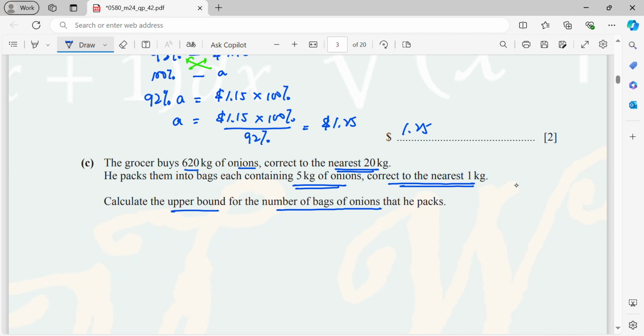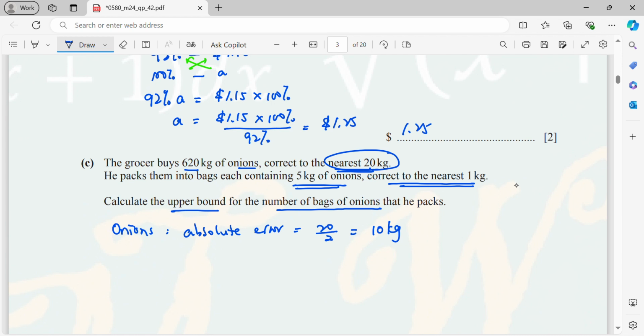Okay, so now from here, since the onions are correct to 20 kilograms, my absolute error will be 20 over 2 because of the nearest 20 kilograms. So it's always half of the nearest value, right? That means this is going to be 10 kilograms.